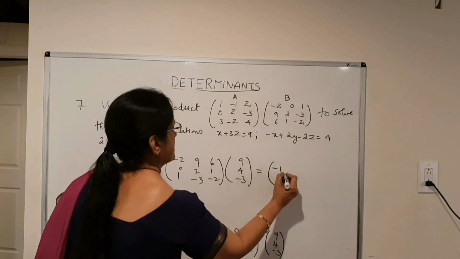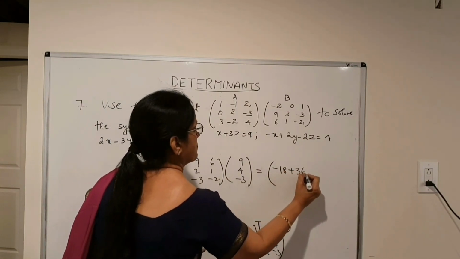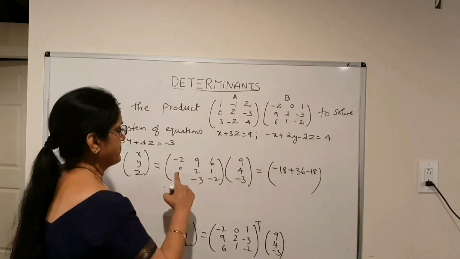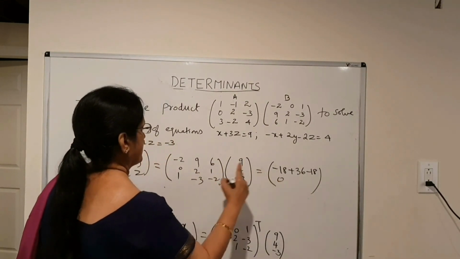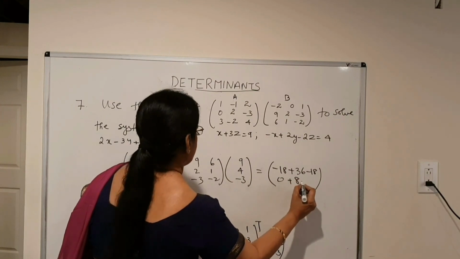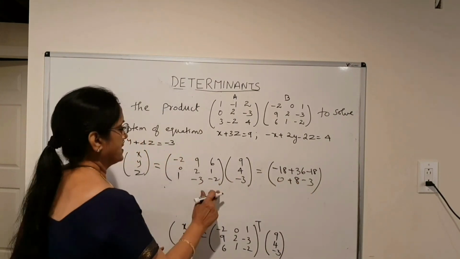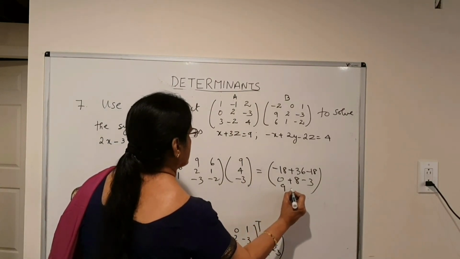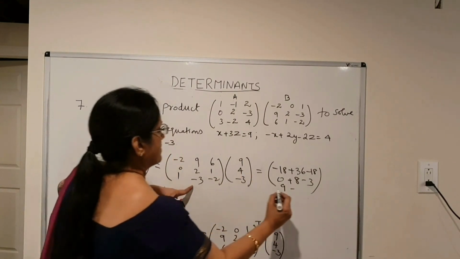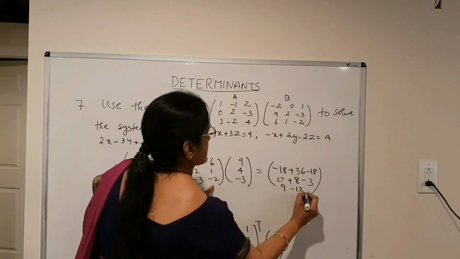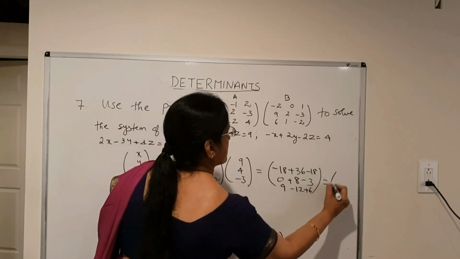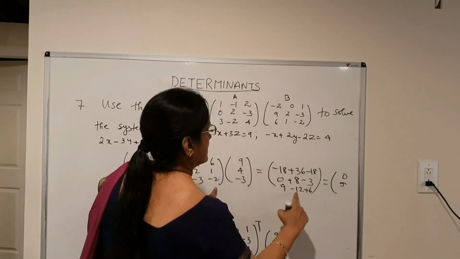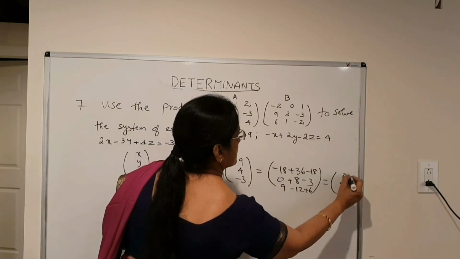So minus 18 plus 36 minus 18. Now second row and the first column: 0, 8 plus 8 minus 3. Now third row, the first column: it will be 9 minus 12 plus 6. Now this is nothing but 0, 8 minus 3 is 5 and 15 minus 12 is 3.